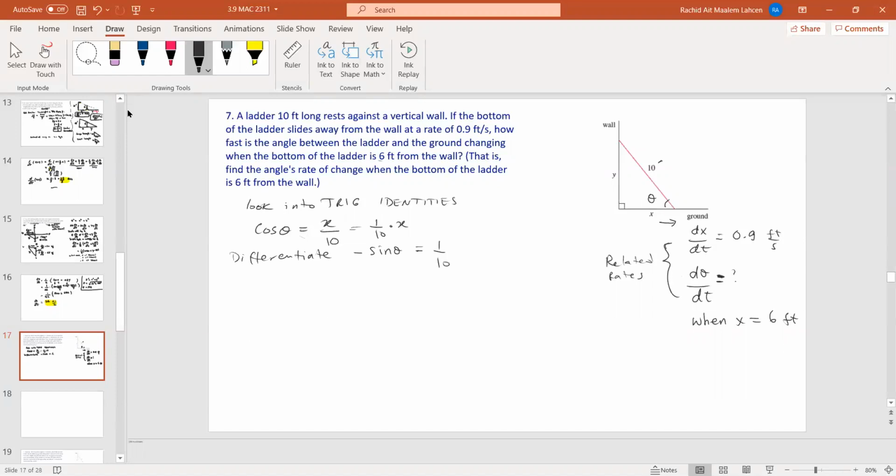So the multiple is 1 over 10 dx/dt. And I'm missing the d theta/dt because we use the chain rule, right? So let's rewrite it. Negative sine theta d theta/dt equals 1 over 10 dx/dt. So we need to divide by negative sine theta.